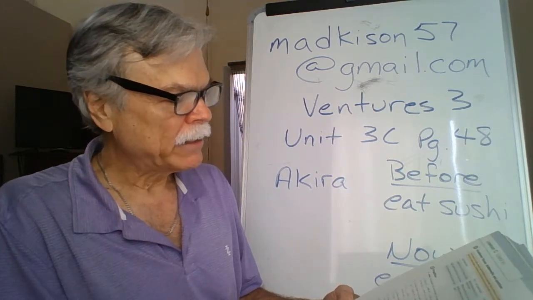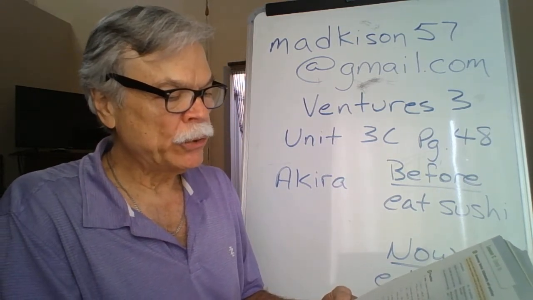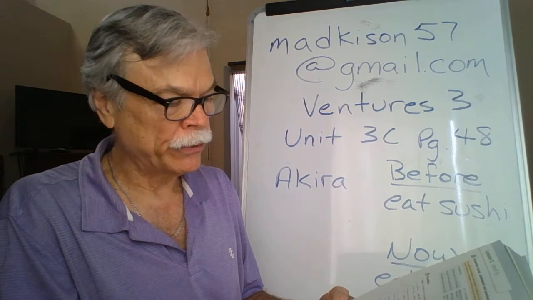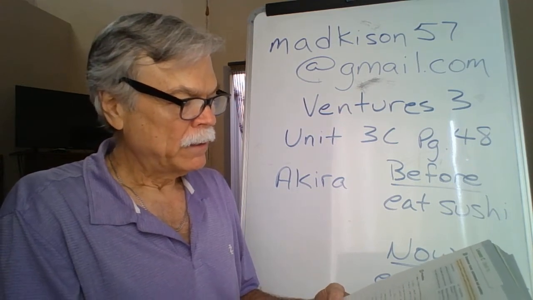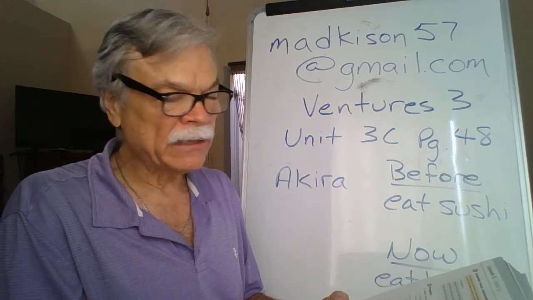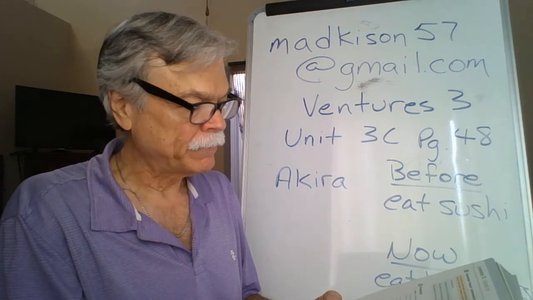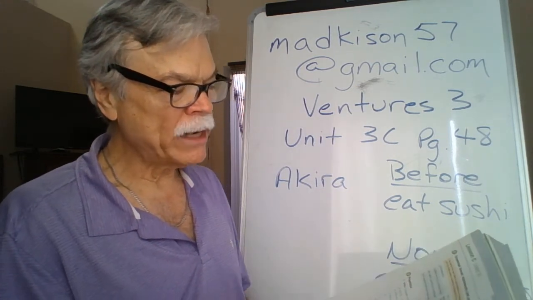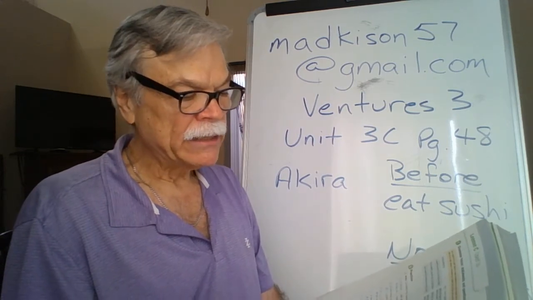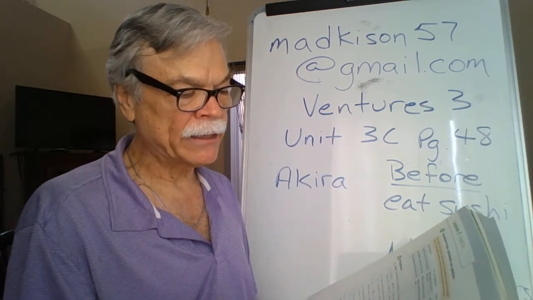It says, write, complete the sentences, use used to or use to. So you have to decide, do you use the one with the D or without the D? Number 1 is completed for you. It says, did he use to stay up all night?